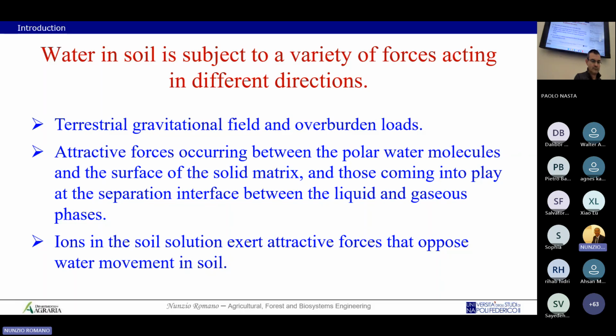This is very important, what happens at the interface between water and the atmosphere. But we are not dealing with distilled water, but we have some solutes in the water. So there are ions, and so there are some attractive forces that in most cases oppose the movement of water into the porous material.